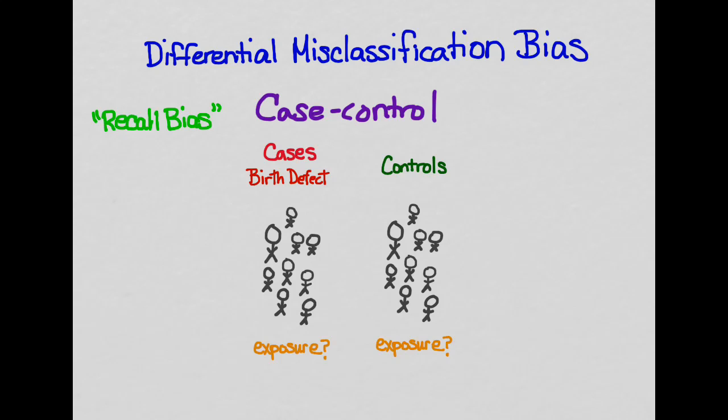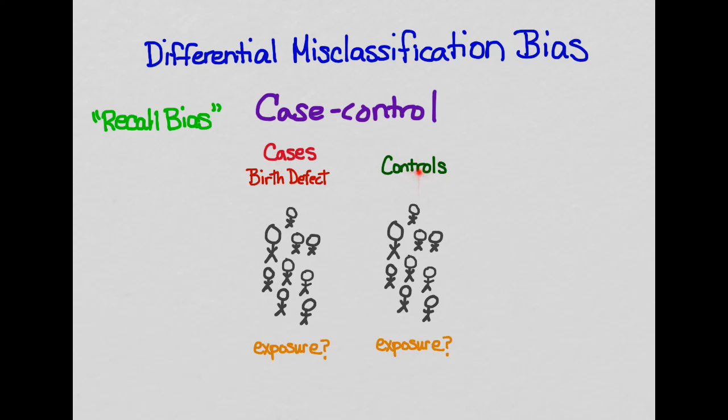And so in this case, what often may happen is that the cases, because they know already that the disease has occurred in a case control study, so these mothers who are the cases have spent a lot of time thinking about what might have caused this birth defect. So they've thought a lot about the exposures that potentially may be related to birth defects, whereas the mothers in the control group may not, because they're not trying to explain any problems because they didn't have any problems.